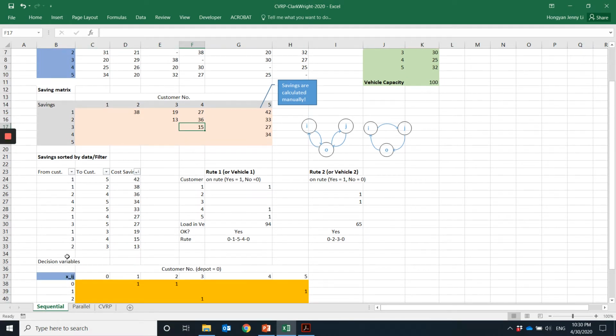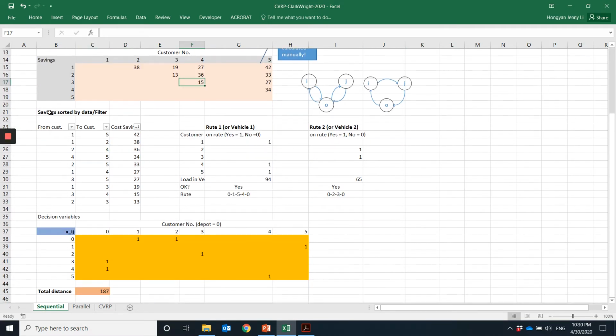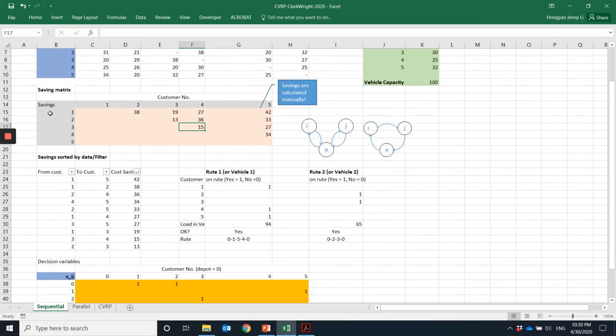So the next step, we rank the savings by the pairs. Here, if we consider from customer to customer, the saving to connect customer 1 and 5 together gives you the highest saving.